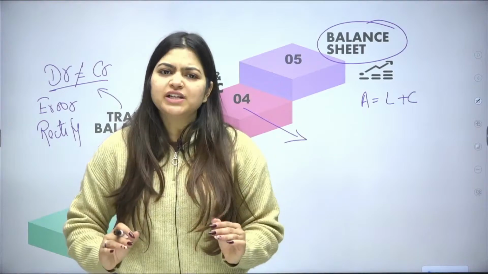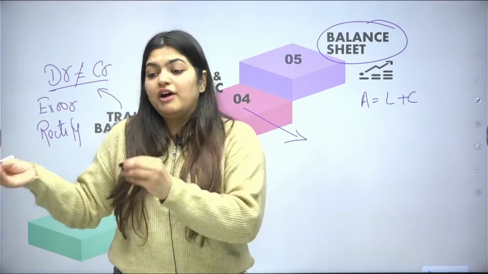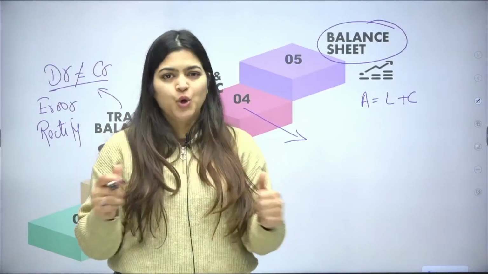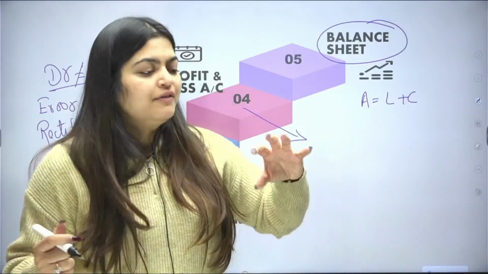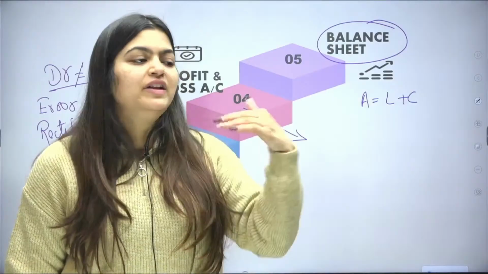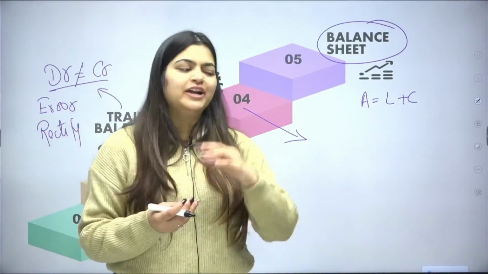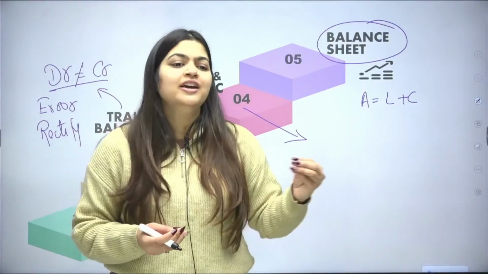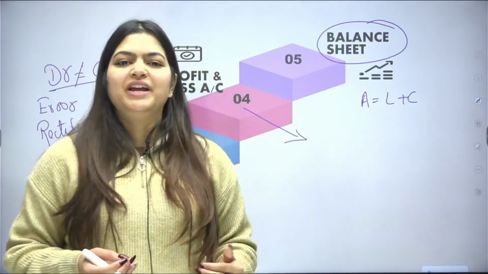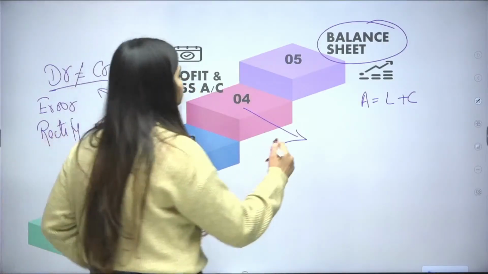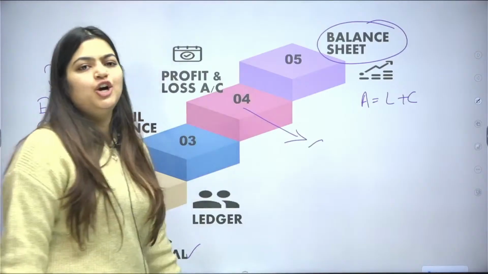Are you going to sell for the same amount that you have purchased, for 100 rupees and you will sell for 100 rupees? No. Of course, you are going to sell with some extra amount. You will add some profit in it. So let's say you purchase for 100 and you will sell this time for 120 rupees. So this 20 rupees is going to be what? Profit. Yes, and this profit you will learn under this profit and loss account.